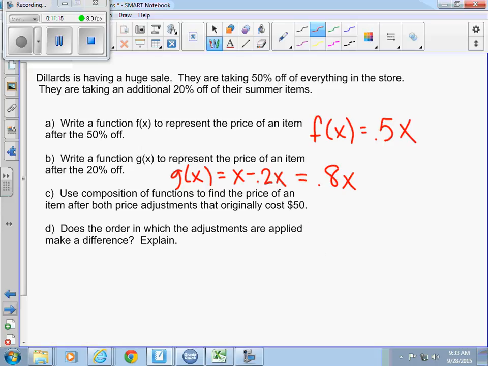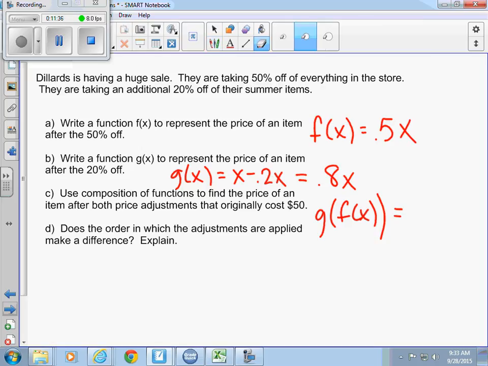So wouldn't that be the inside function? Everyone agree? So that would be g of f of x. And I actually could say to myself, I want g of f of 50.